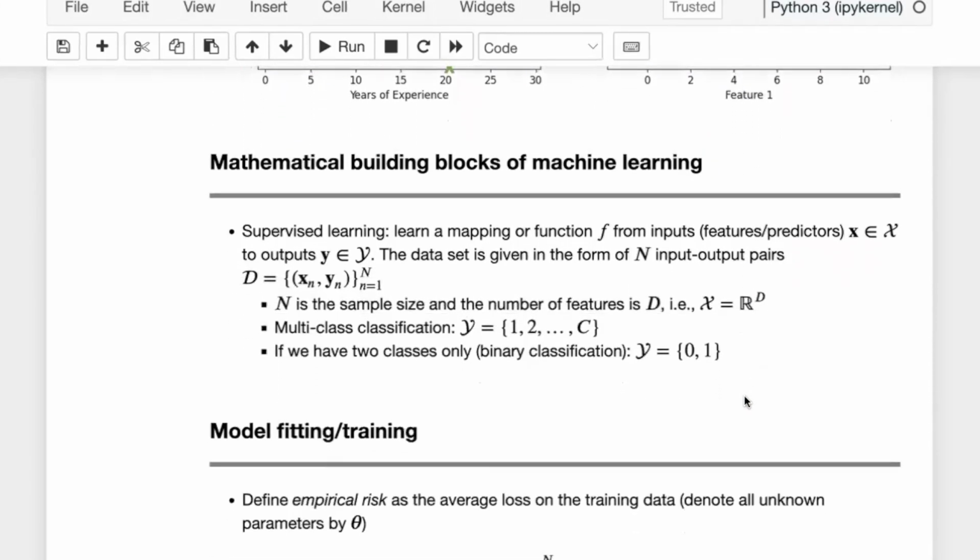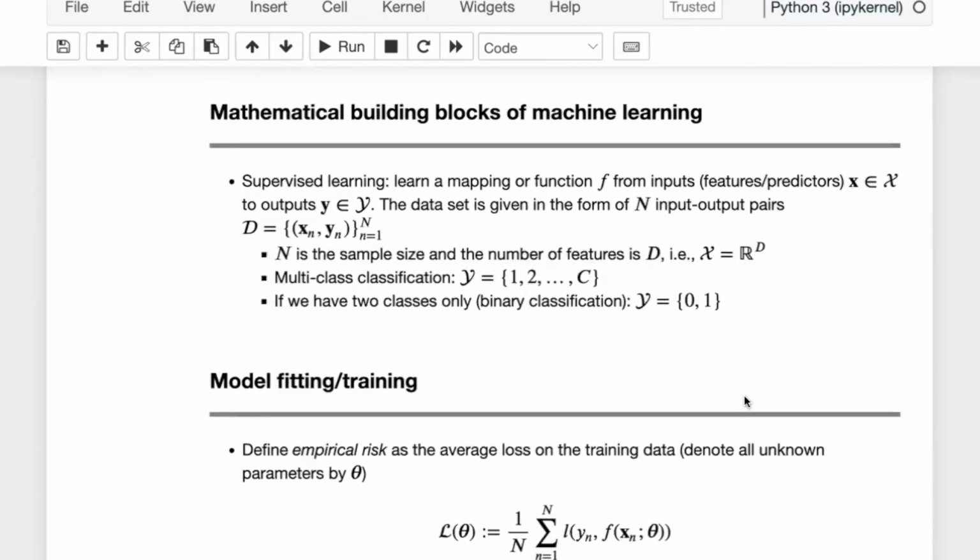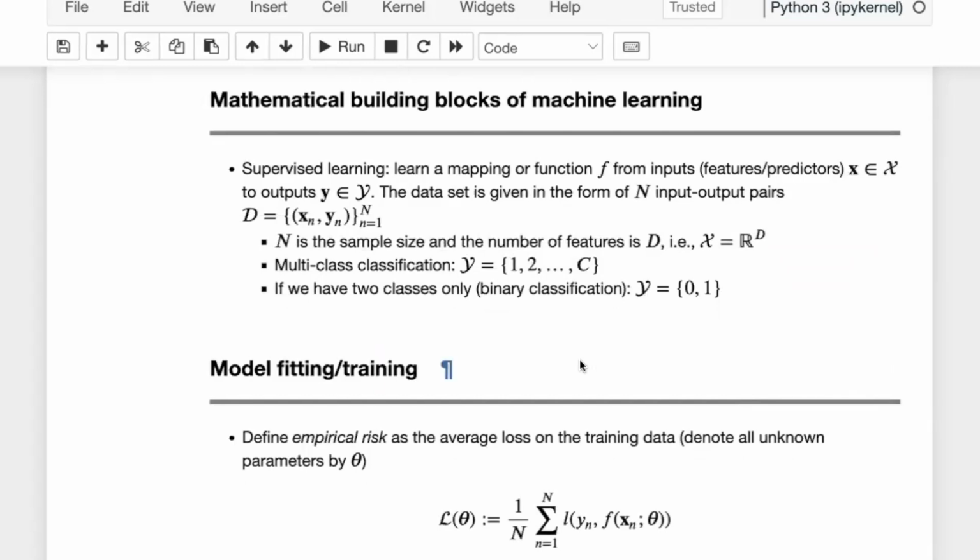So let's very quickly talk about the mathematical building blocks of machine learning. In supervised learning, which is the main focus here, the goal is really to find a mapping or function from inputs, which we also call features, or in statistics, we like to call them predictors, to some outputs.